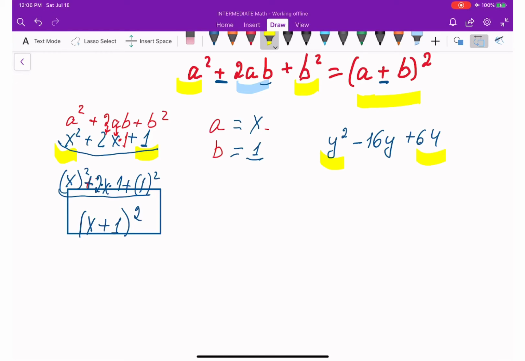Do we have them or not? So y squared I can represent as y to power 2. This one has a square.